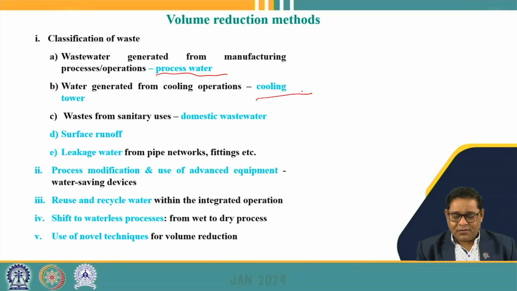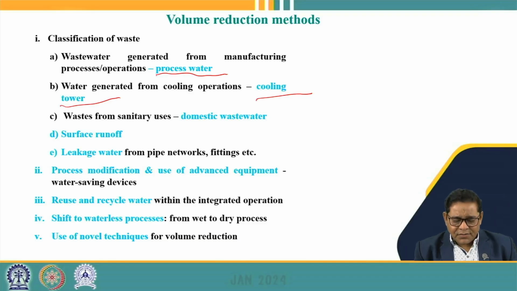Then we classify the water used in the industry as a cooling agent for cooling operations. That water comes under cooling tower water, and it mostly does not contain many chemicals, so it can be recycled and reused within the operation to reduce the ultimate volume of the wastewater.